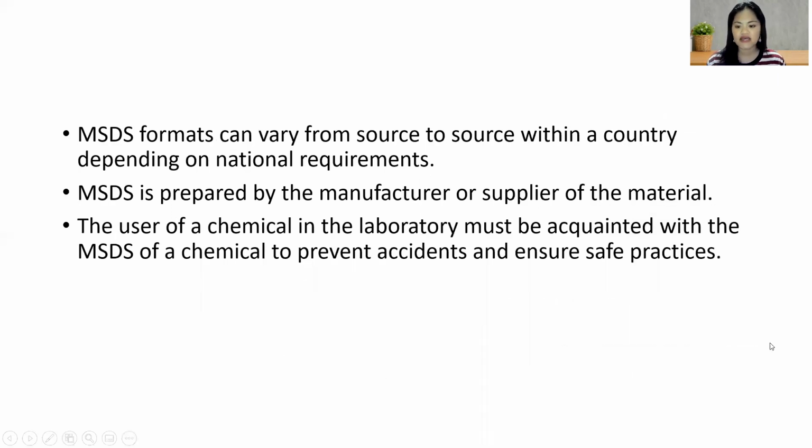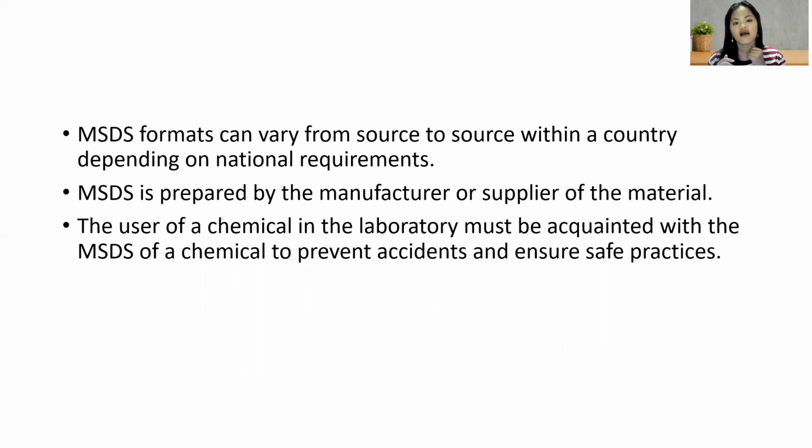The format of the MSDS can vary from source to source, depending on the company where you bought the chemicals. It also varies within a country depending on national requirements. It is prepared by the manufacturer or the supplier of the material.